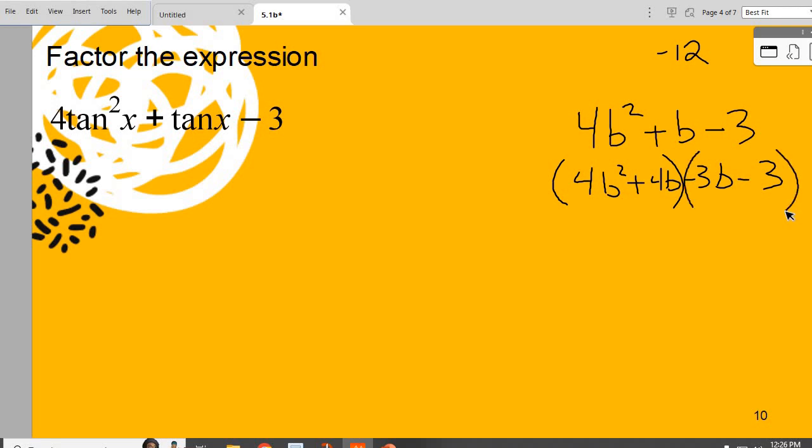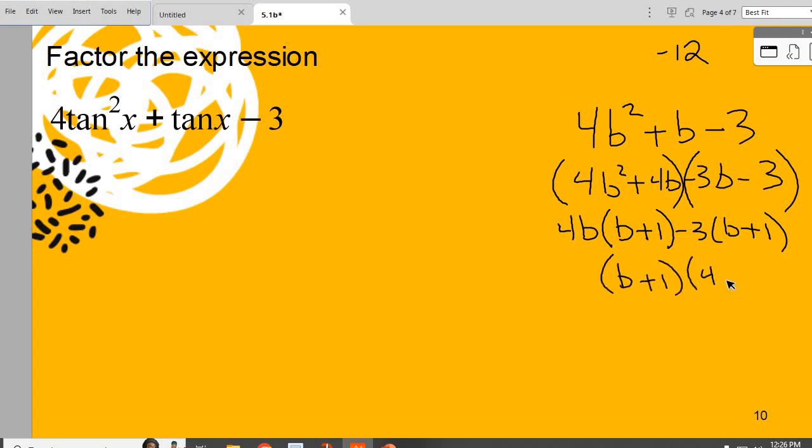What do our first two have in common? 4b. So we're left with b plus 1. What does our second group have in common? -3. Okay, and we're left with a b plus 1 again, which is what we want. Remember, we want those parentheses to be the same because now we can factor out that b plus 1. And we're left with 4b minus 3.